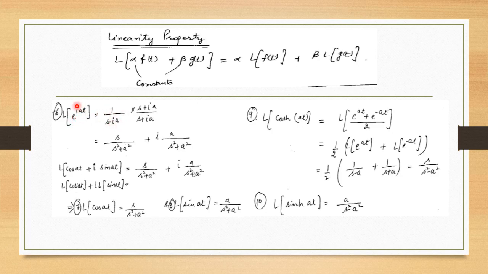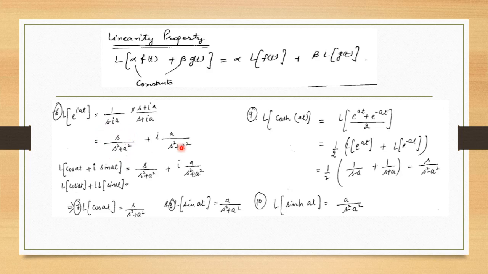So here your a is iota a, and you can write 1 over s minus iota a. Now you just rationalize this. You get s plus iota a upon s square plus a square.